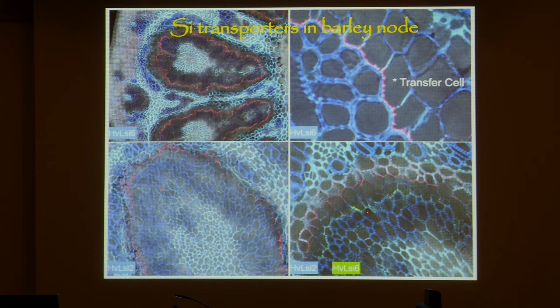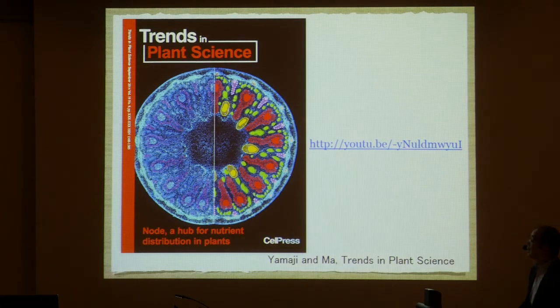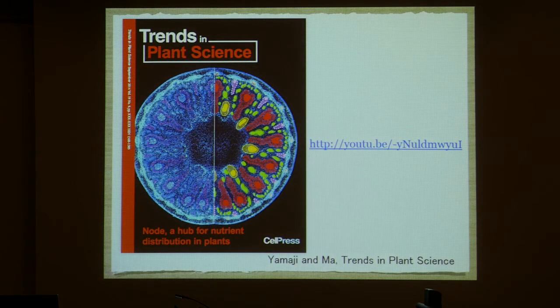And this green one is ELISA6, the red one is ELISA2. You can see they are localized at different, neighboring cell layers. So I think they also play a very important role in the intervascular transfer of silicon at the node 1.